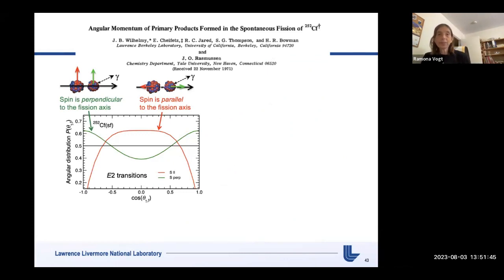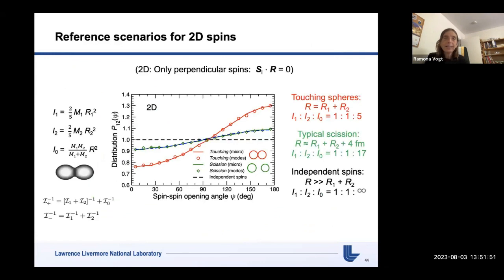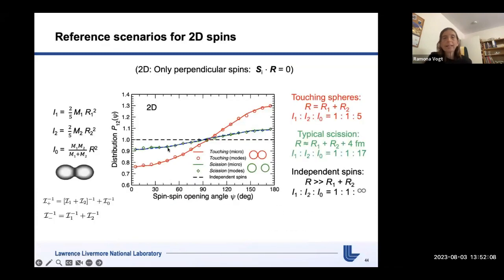I mean, we just talked about that for like 20 minutes or so. And what we see here is similar to what's in Freya. If you have the regular fission configuration, then you get something very weak, like the green curve here.